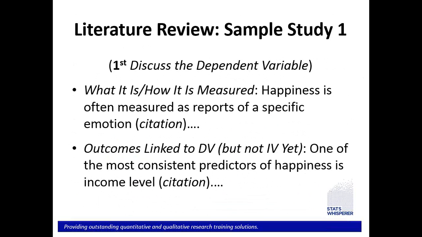So first, discuss the dependent variable. Now, many dimensions of the dependent variable might be discussed, such as what it is and how it's measured, right? So we might say, happiness is often measured as reports of a specific emotion. I mean, happiness might be measured as elevated mood.